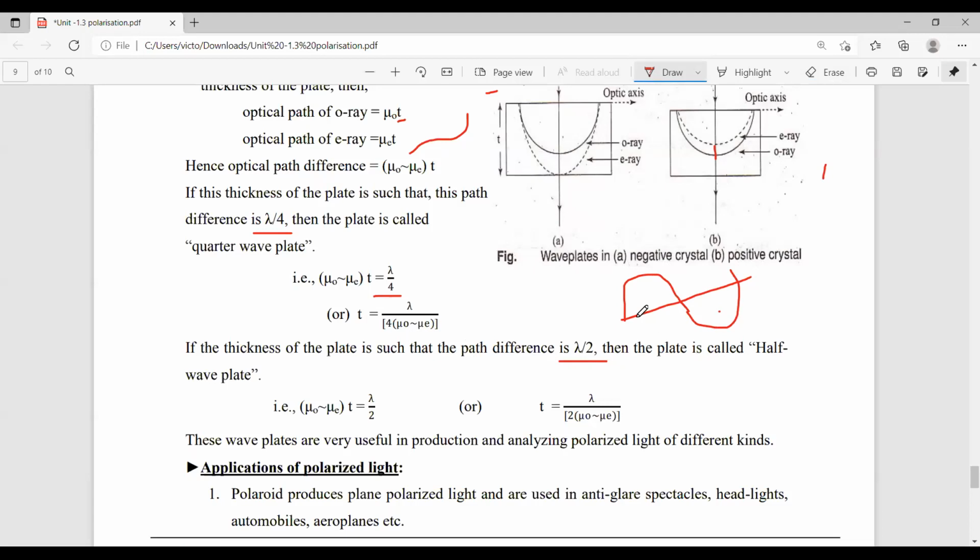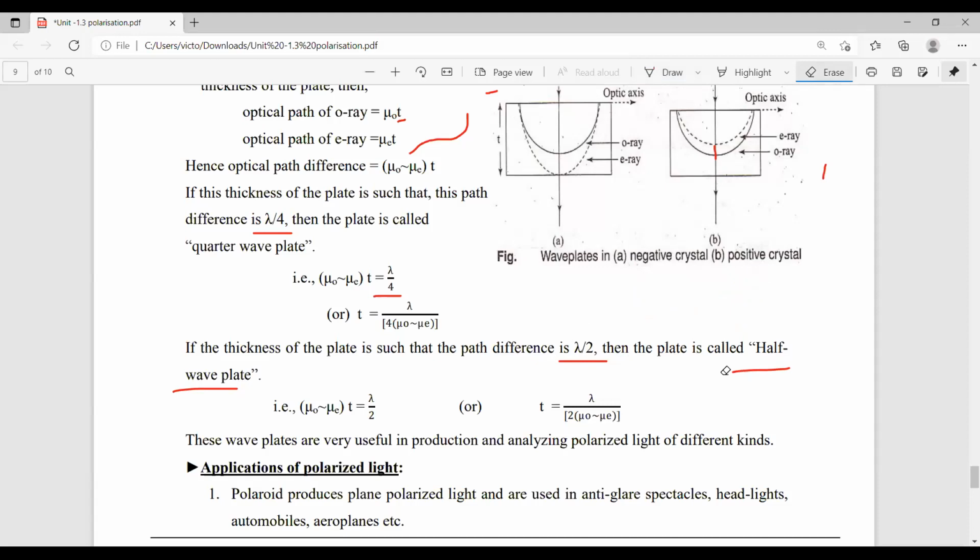So what is lambda by 4? Here it is lambda by 4. It is lambda by 2. So completely up to here it is lambda. But a half wave plate means the light travels only lambda by 2 distance. That's why it is called a half wave plate.